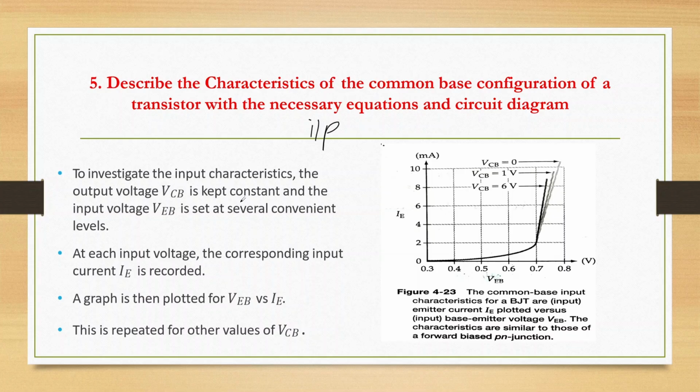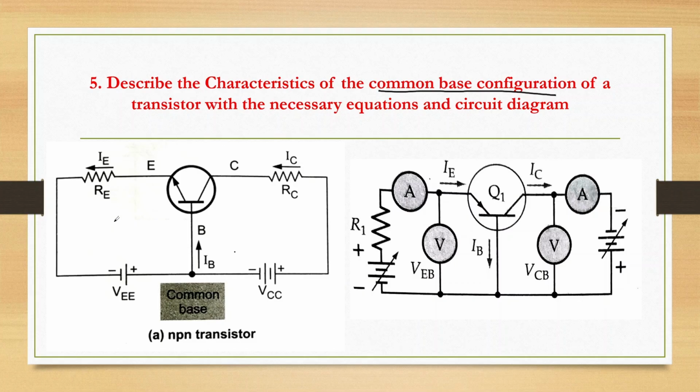To investigate them, the base emitter junction will be forward biased, and the collector base junction will be reverse biased, so that the current IE flows into the input circuit, and IC flows into the output circuit.